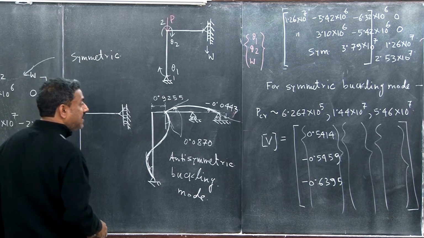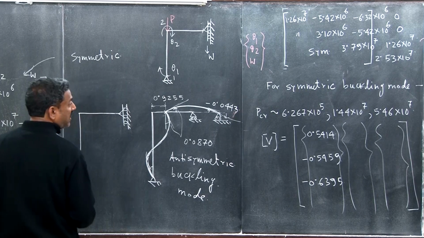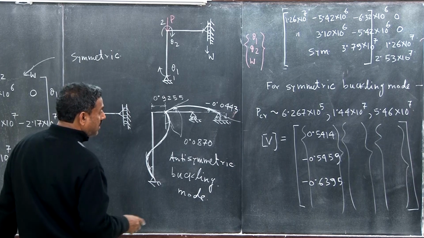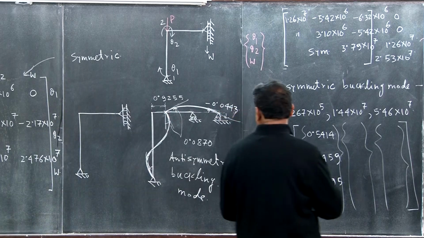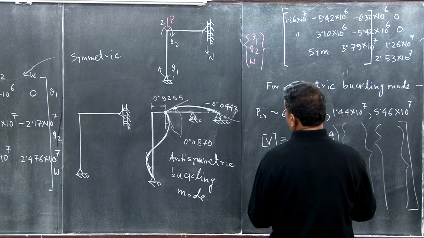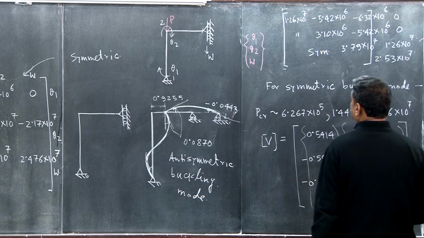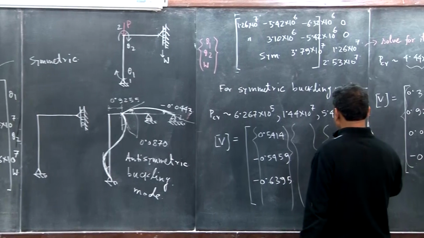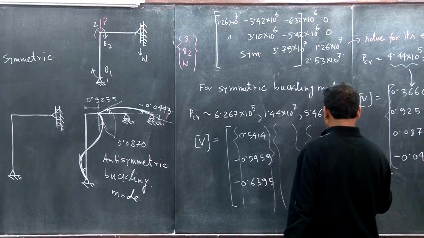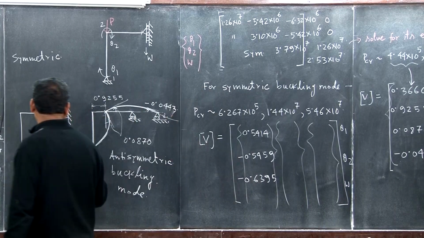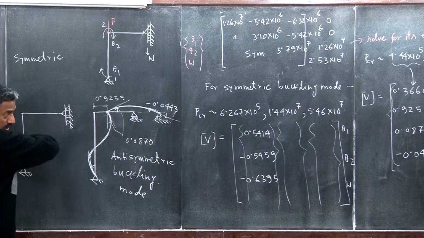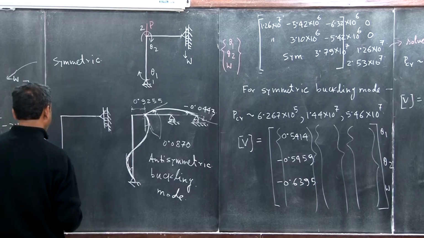So here you see that theta 1 is anticlockwise. The way we have written it, it was theta 1, theta 2 and W, right? So W is downward, so this is coming down, and theta 1 is positive, theta 2 is negative.